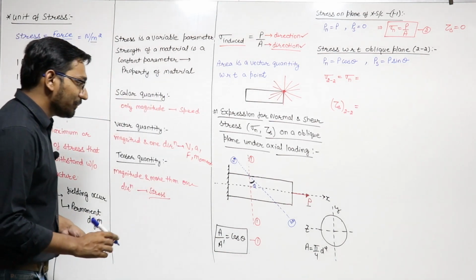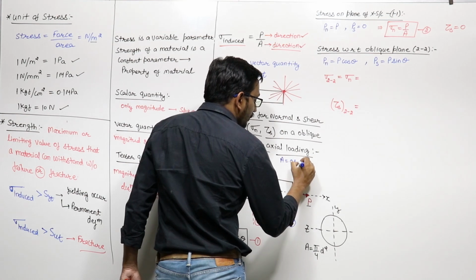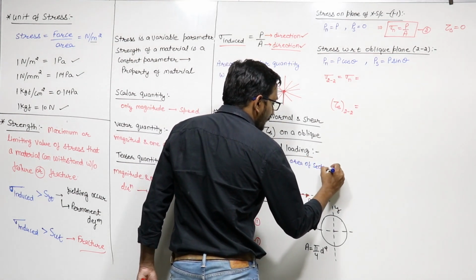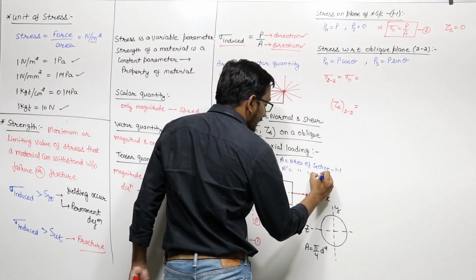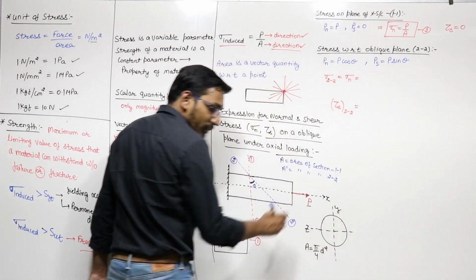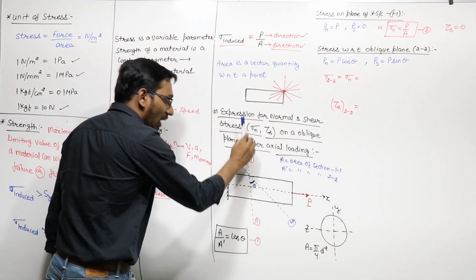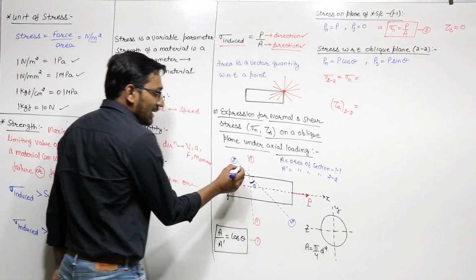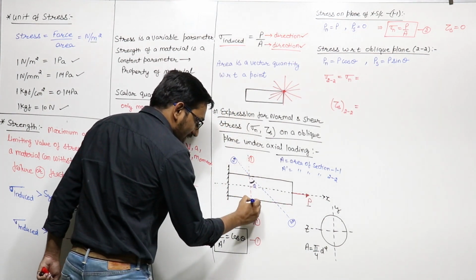Say A is the area of cross section, section 1-1, and A dash is the area of section 2-2. This plane has another area, different from this one.